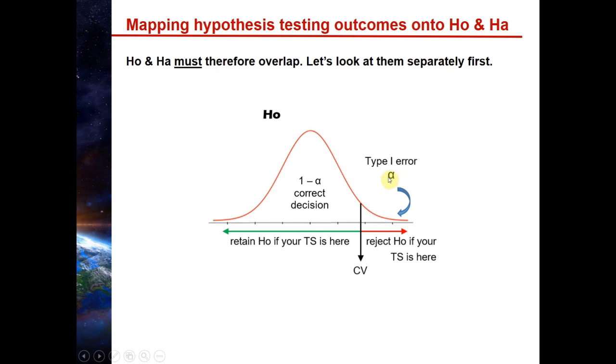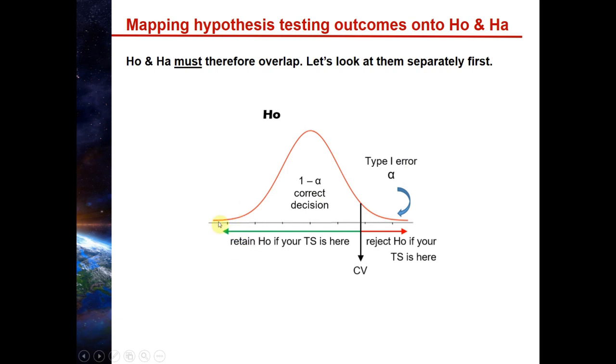So alpha is the symbol that we use to measure this area and this area over here, right? If we had a critical value over here, we'd have alpha here as well. So together they make up the total alpha, the total probability of making a type 1 error. Now, if this area here is alpha, what would everything else have to be?